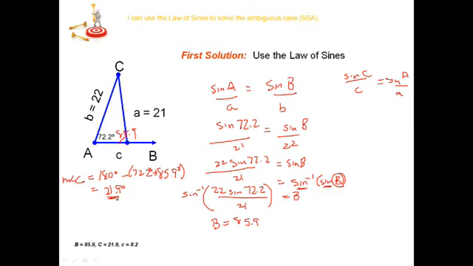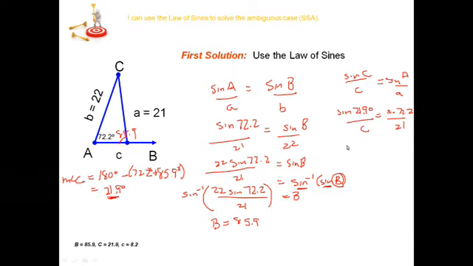Okay, so now I can take my 21.9, bring it up here, and solve for side C. So the sine of 21.9 degrees over side C equals the sine of 72.2 over 21.